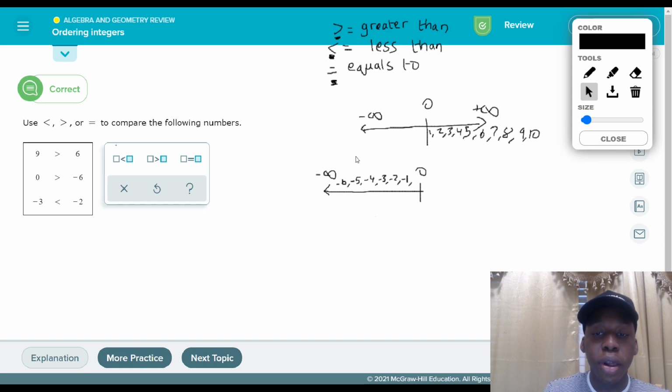But when we're dealing with positive numbers, the number closest to positive infinity, or the number closest to the right side, is the bigger number. When we're dealing with zero and negatives, zero is bigger than every negative number. Based on that, we can walk through these kinds of questions.